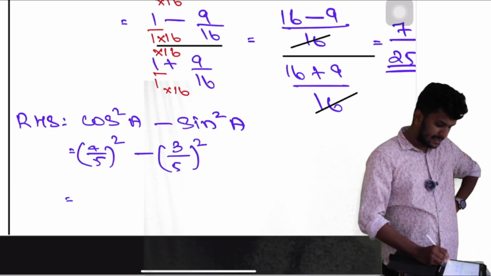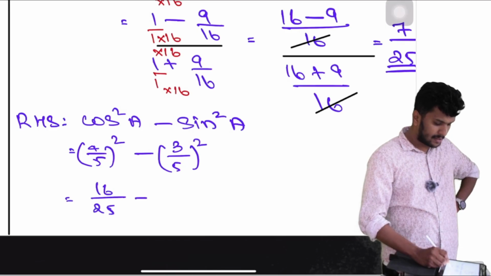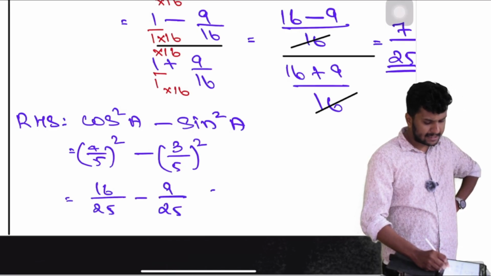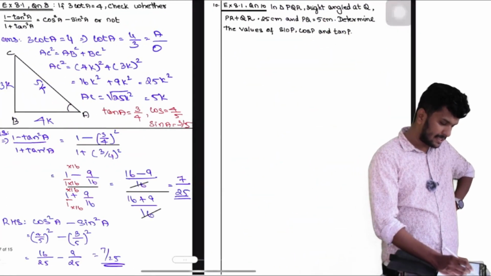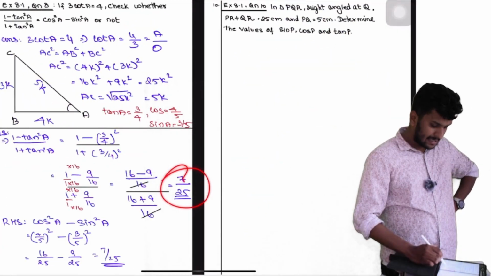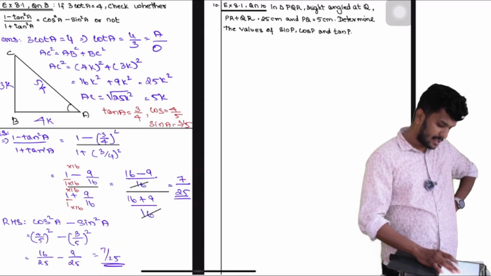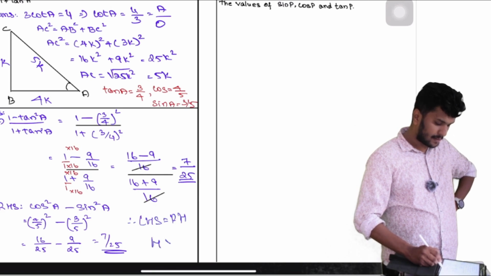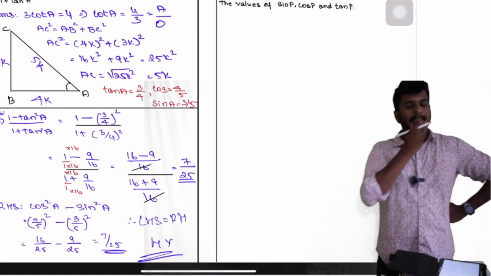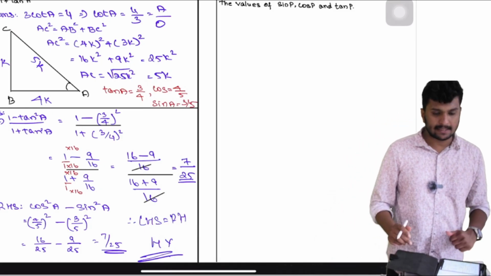What do you have? 16 by 25 minus 9 by 25, that is 7 by 25. So the LHS and the RHS both are same. Therefore LHS equals RHS, hence verified. So this is how you solve this type of questions.